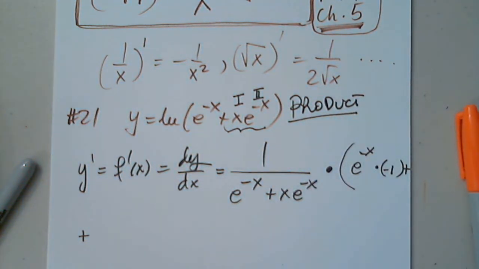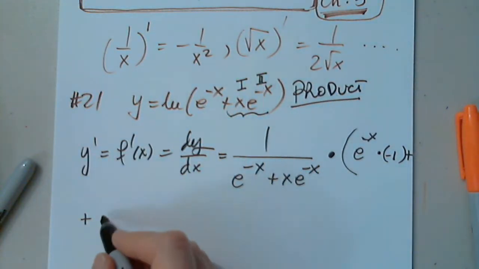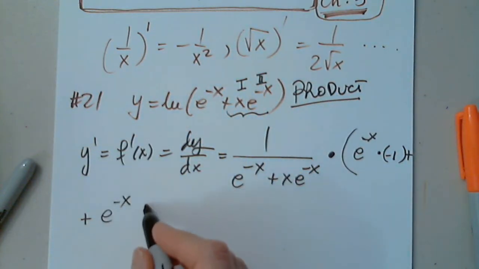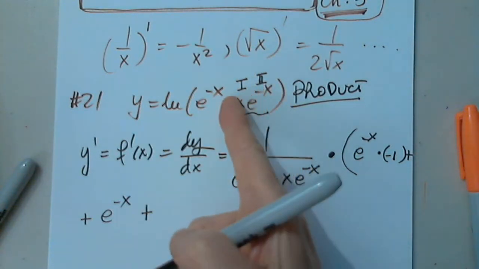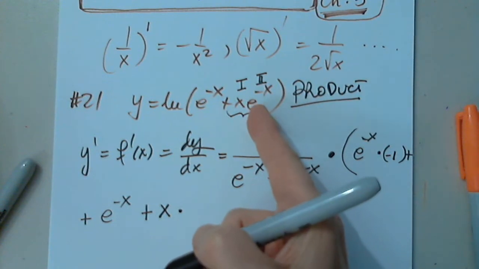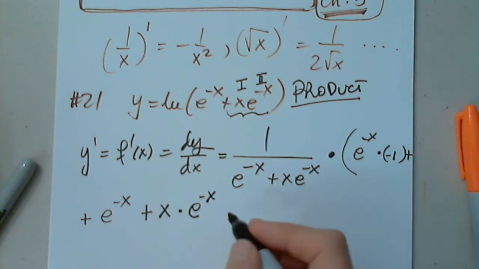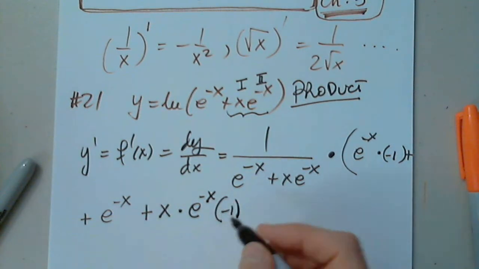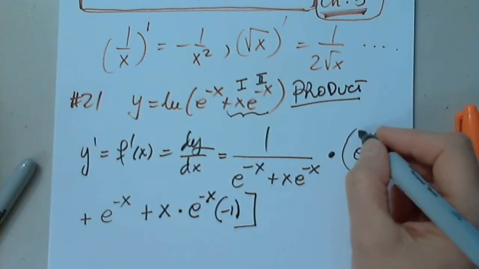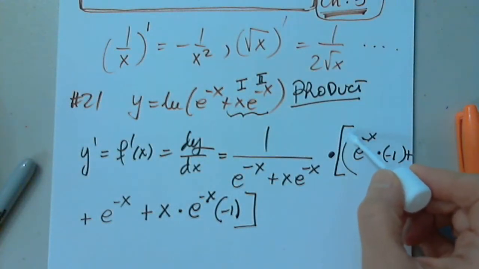So I have to use the product rule. The first function prime is 1, so e to negative x, plus the first function times the second function prime, which is e to negative x, as you just told me, times -1. And let me use brackets here so it's not confusing. I don't really like nested parentheses. I prefer the next level, which is a bracket.